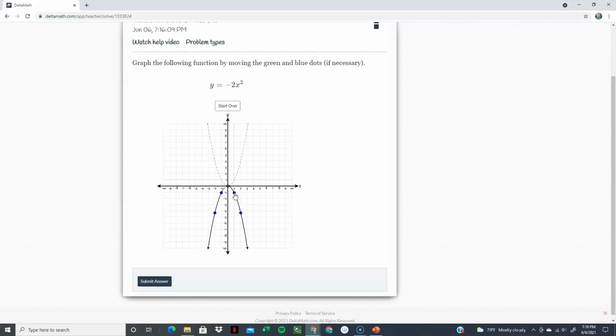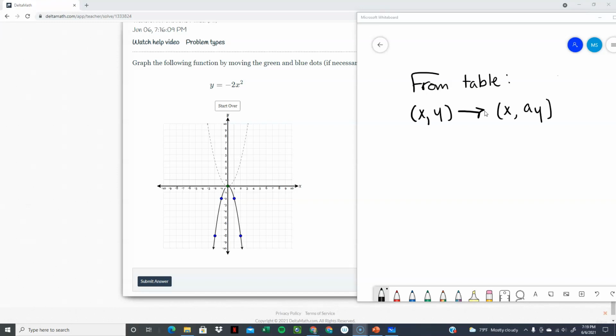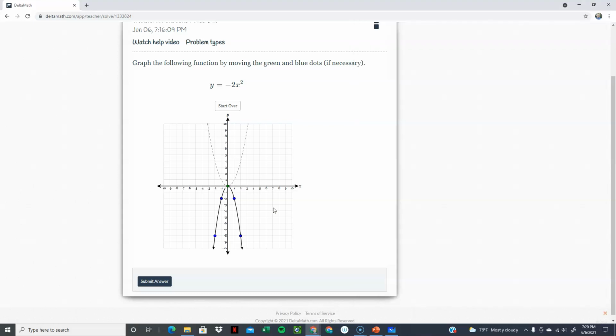So not only do we want to flip it down here, we also want to stretch it all the way down to -2. So this is what it says in the table where we have the vertical stretch. For the coordinate part, it says (x, y) goes to (x, a times y). So this is where this can come in handy. So you pick a point, like we picked that point right there, (1, 1).